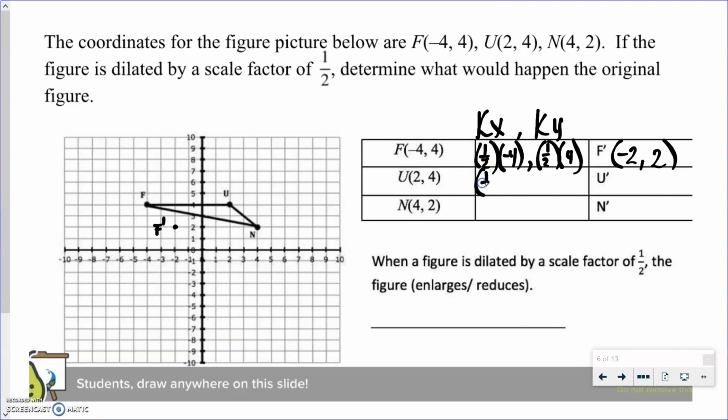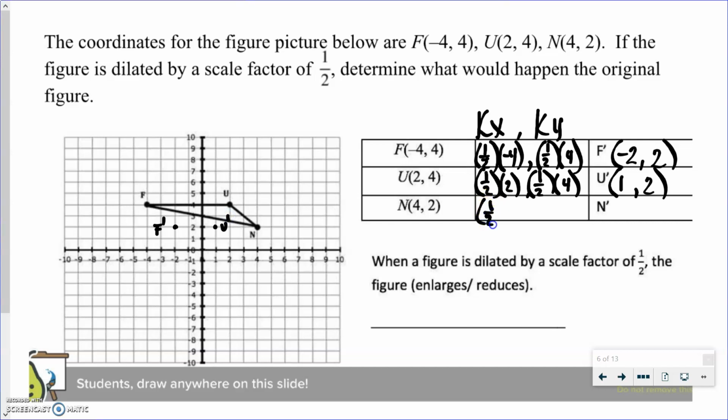Next, we have 1/2 multiplied by 2 and 1/2 multiplied by 4. So 1/2 times 2 gives us 1, and 1/2 times 4 gives us 2. So 1, 2 is going to be our new U prime.